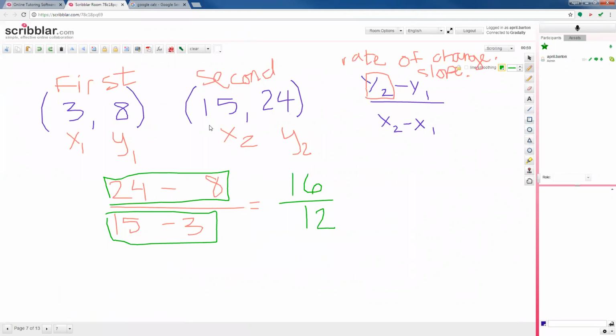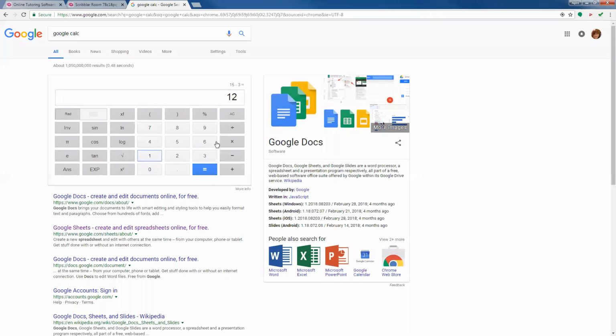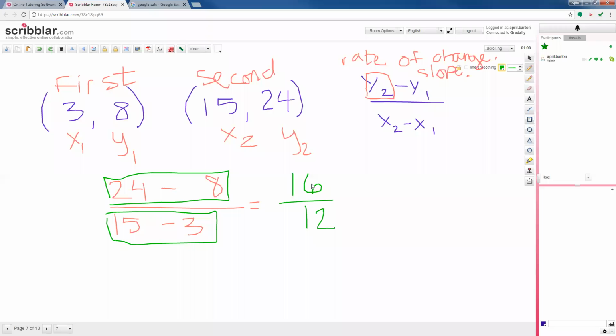Some of them will just outright divide. But if we do 16 divided by 12, that gives you a decimal. Slope is never a decimal. Some problems you'd be fine getting a decimal, you could be done. This one, we don't want it as a decimal, but we do want it as reduced as it possibly can be.